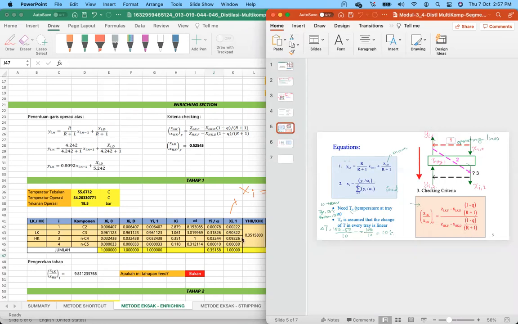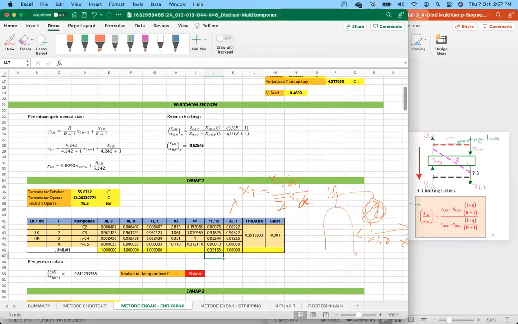We don't know if the X from the calculation result is good or not, so we calculate YHK divided by XHK and check if it is equal to the K value of the heavy key.